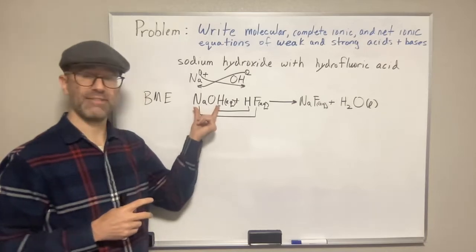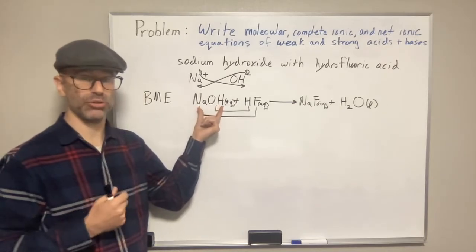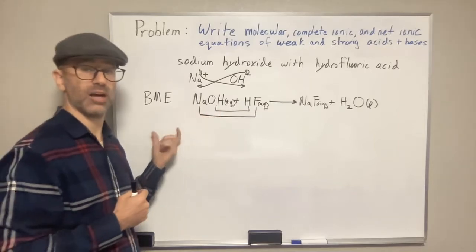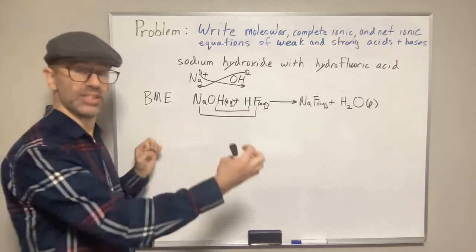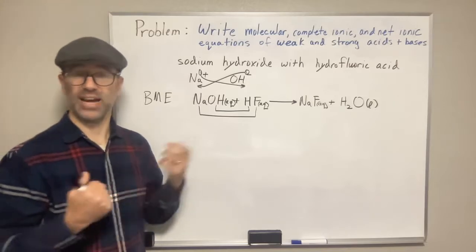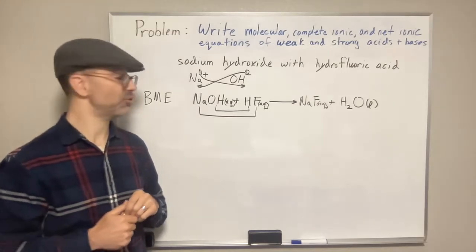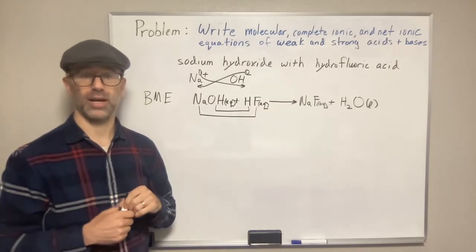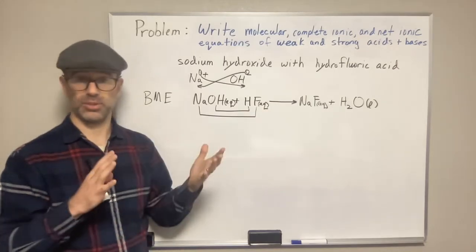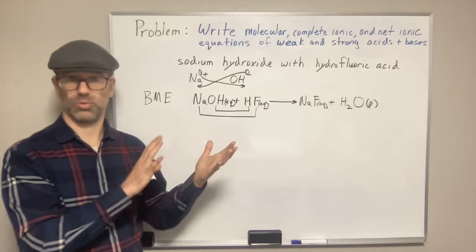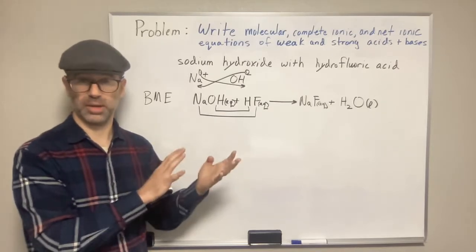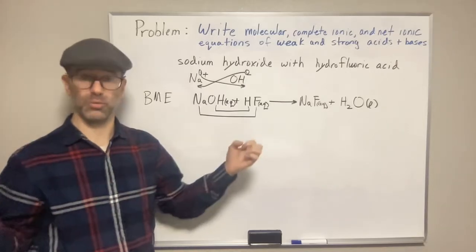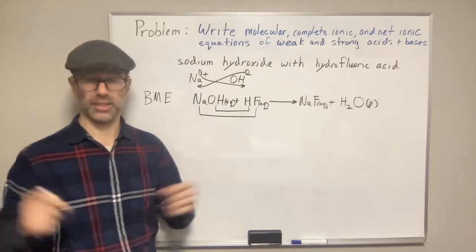So you're not going to have this actually in solution; these are going to be separated. When we write our complete ionic equation, we're going to separate those because that's how they actually are in solution. Here we have a weak acid. Strong acids and bases dissociate or ionize completely in water, practically 100%.